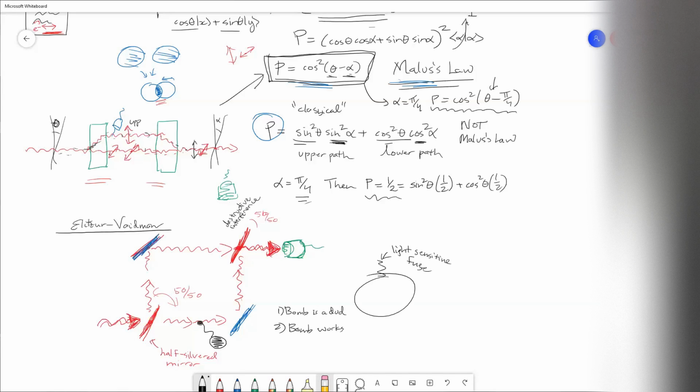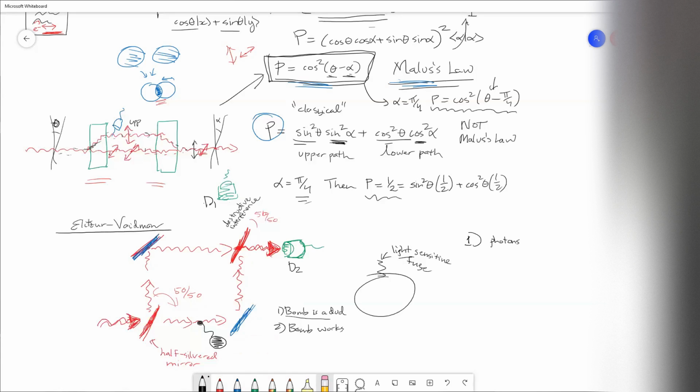So in the case where it's a dud, we know that the light sensitive fuse doesn't work. So in case one, let me just call these D1 and D2. In case 1, you send photons in here one at a time, basically.